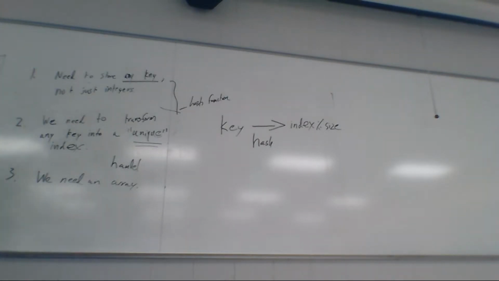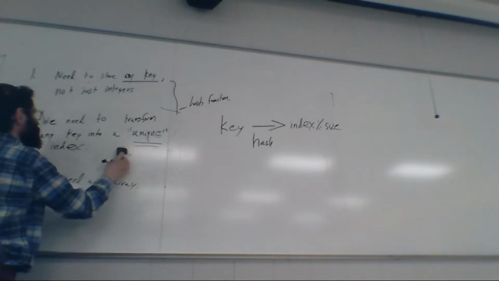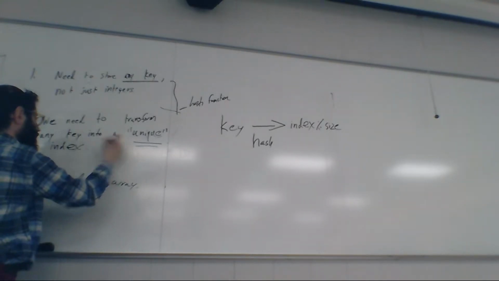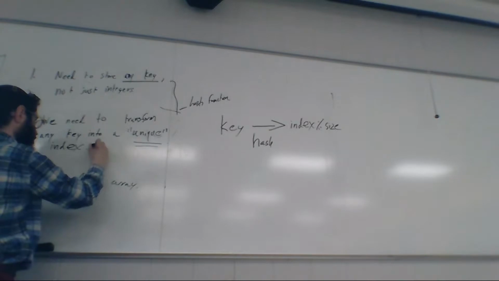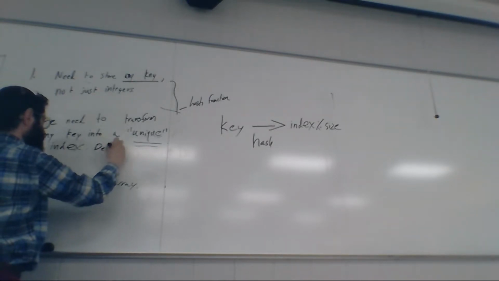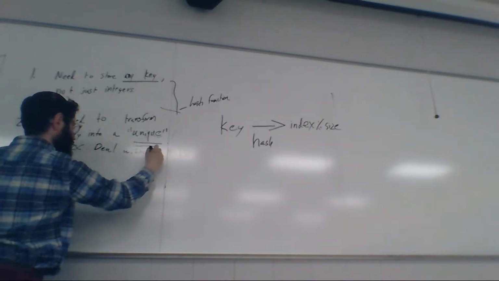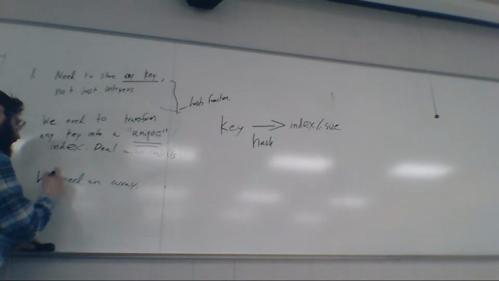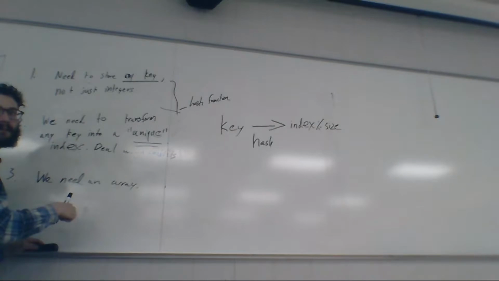So problem 1 is: we need to store any key, so you transform anything into a unique index. That's why unique is in quotes. And then we need to deal with conflicts. Okay, and then we need an array. We can't use an infinitely sized one.